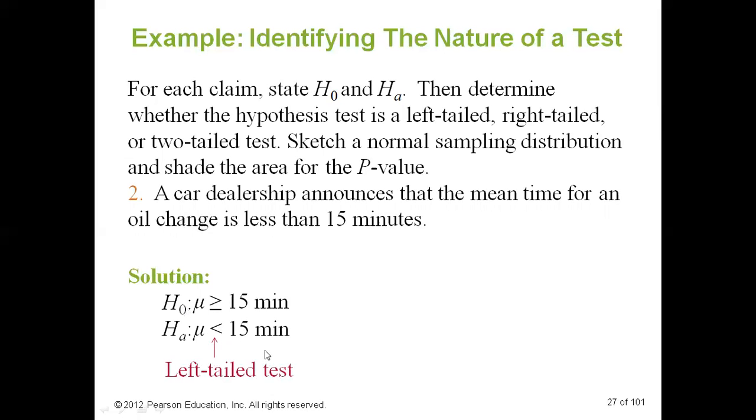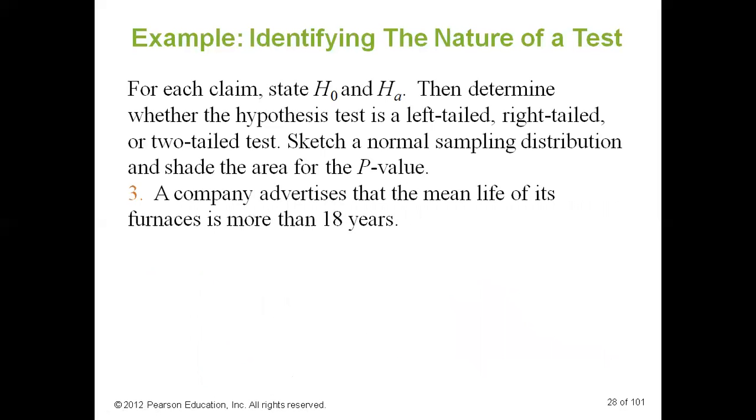This is a left-tailed test. We compute the test statistic Z, then compute the probability of that test statistic, and compare this probability with the significance level alpha. If the p value is greater than alpha, we accept the null hypothesis. If the p value is less than alpha, we reject the null hypothesis.